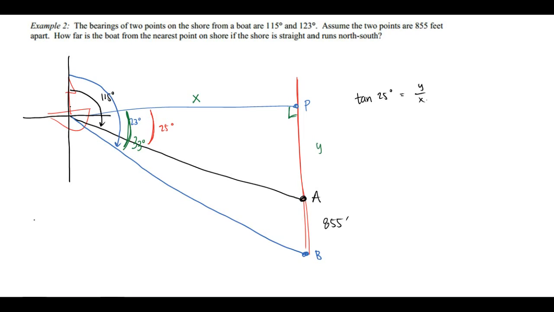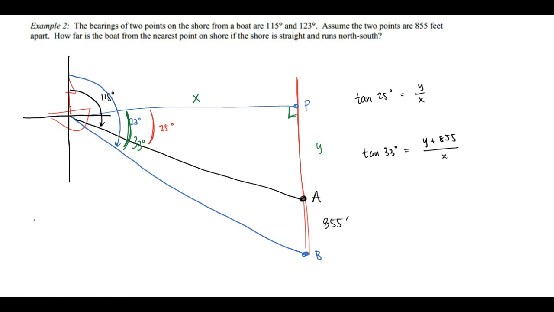And I also have an equation for the other point to point B, which is going to be the tangent of 33 degrees is equal to the opposite, y plus 855, over x. And so you'll see we have two equations where we could make one say y equals, preferably the first one, substitute it into the second one, and we should be able to solve for x, the distance to the shore.